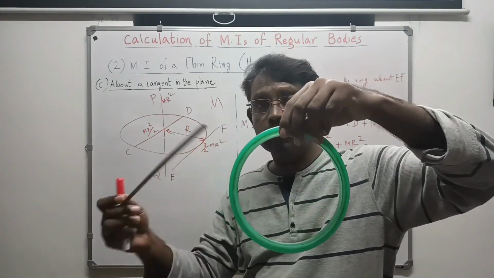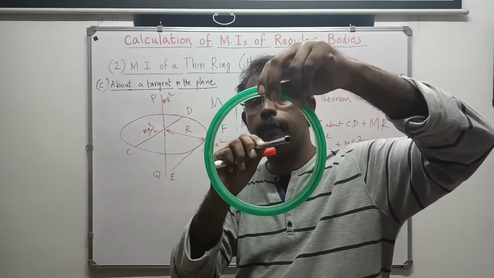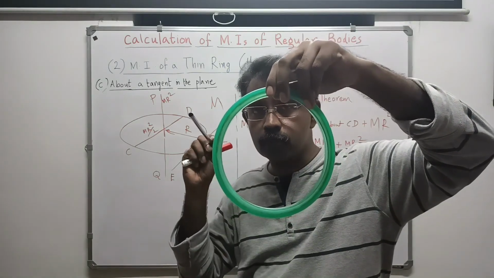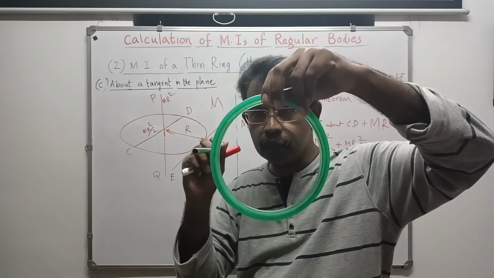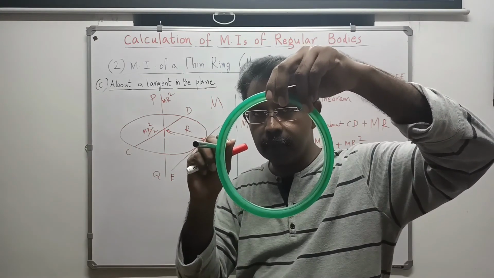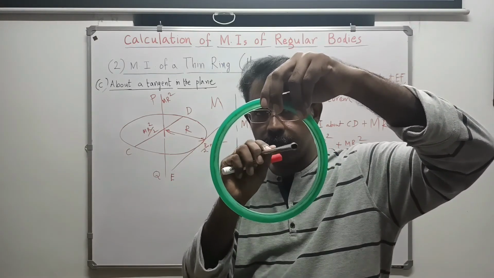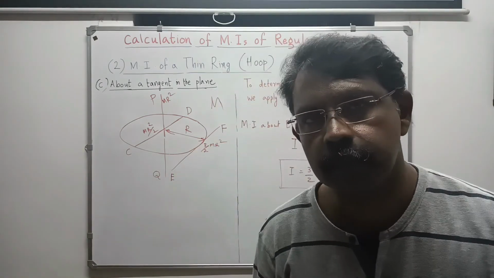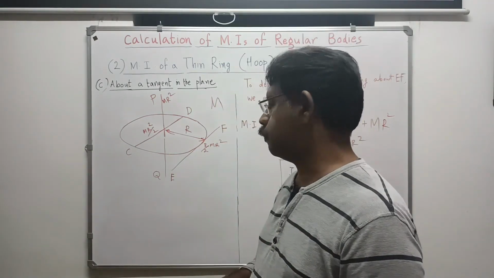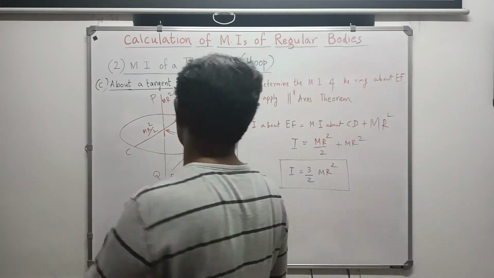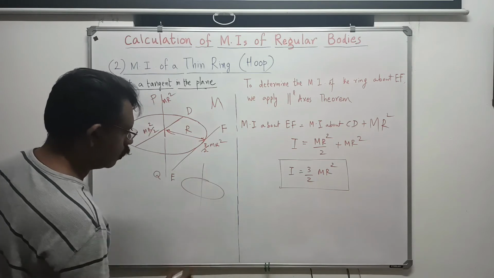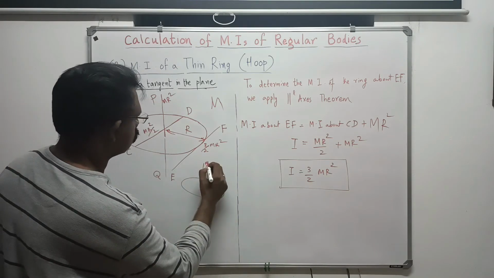That is perpendicular to the plane through the center, and perpendicular to the plane through the side. From this you can find out this again by applying the parallel axis theorem. If you want, you can determine it. So how will you determine that? We know this one, which is mr squared.